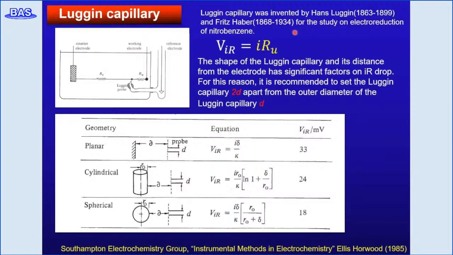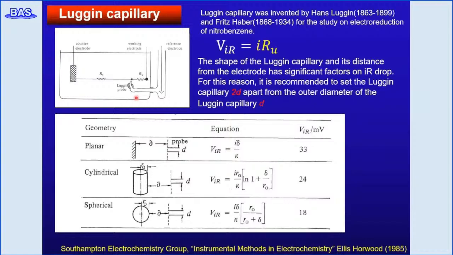Haber was having trouble controlling the potential due to the large variation in the product of the electrochemical reduction of nitrobenzene, because the potential varied during the reductions. Luggin, who was in the laboratory, invented the Luggin capillary to bring the reference electrode closer to the working electrode, so that the potential of the working electrode could be controlled more precisely.